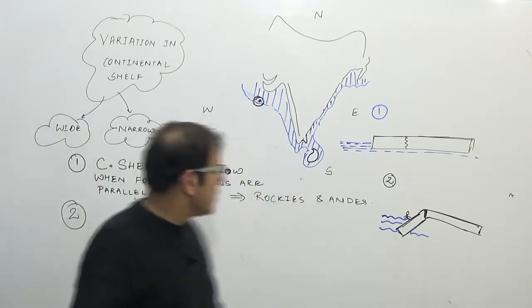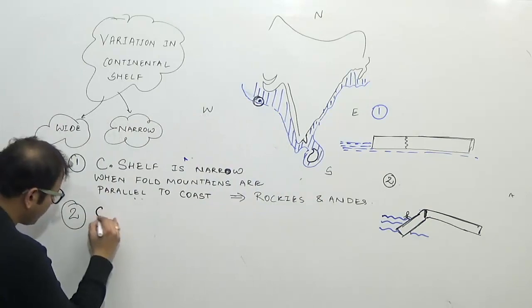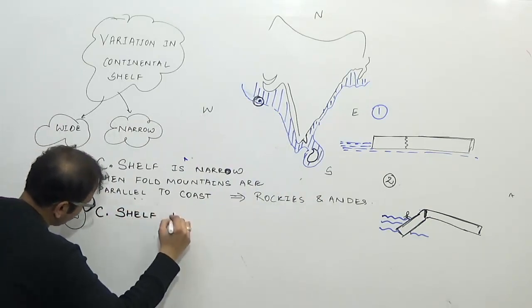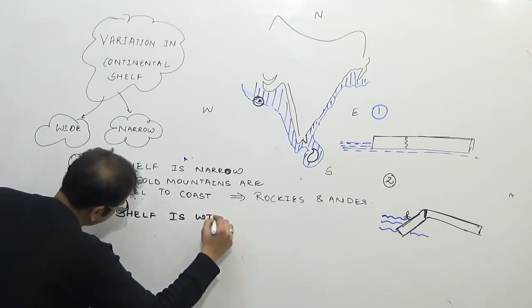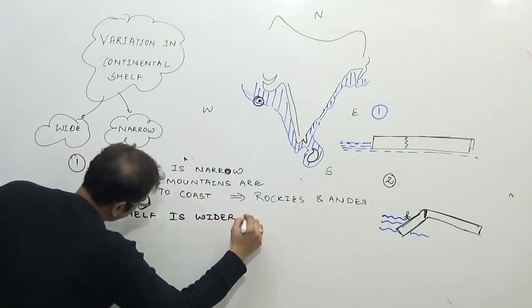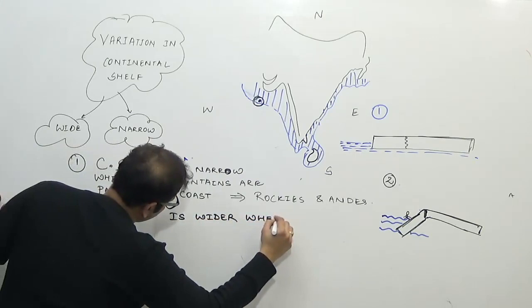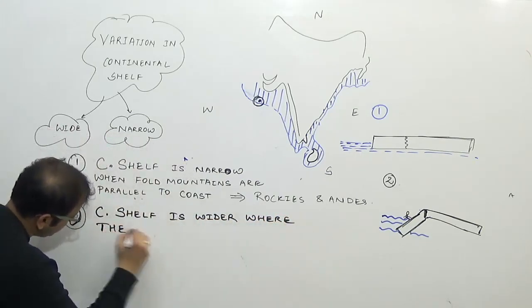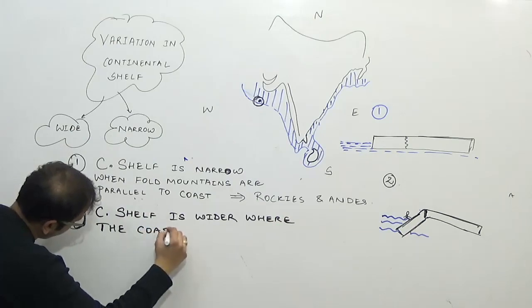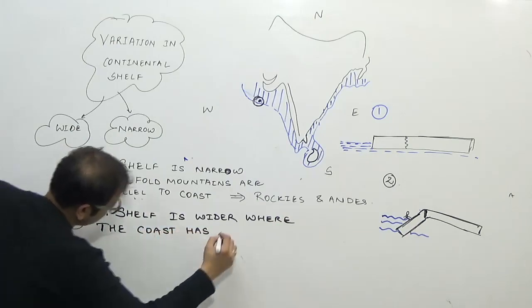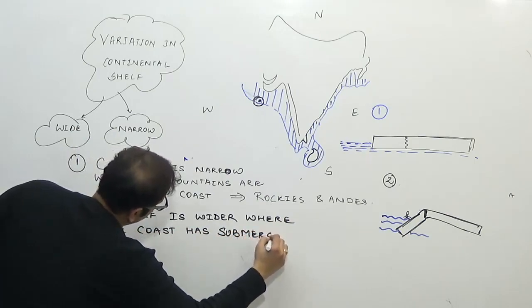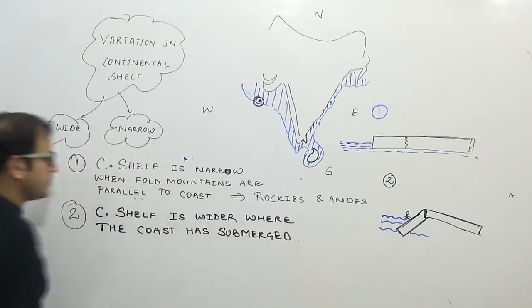So that means the continental shelf is wider where the coast has submerged.